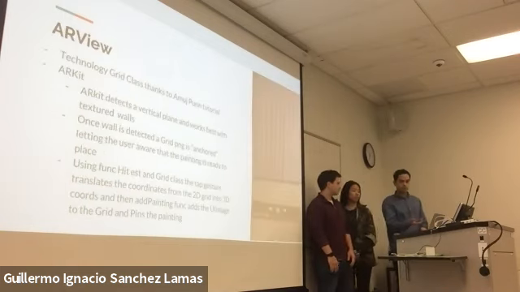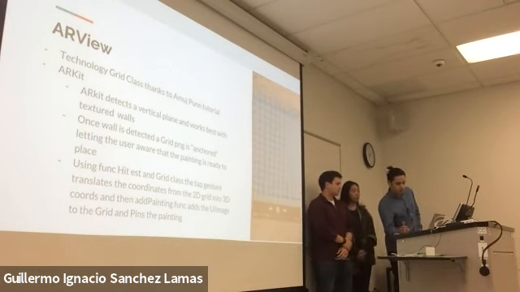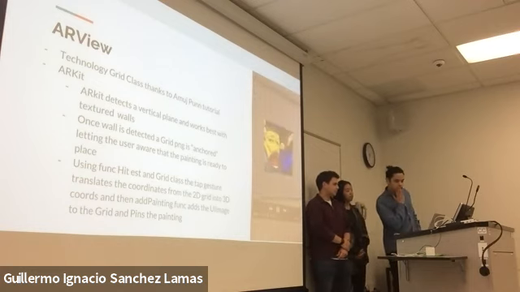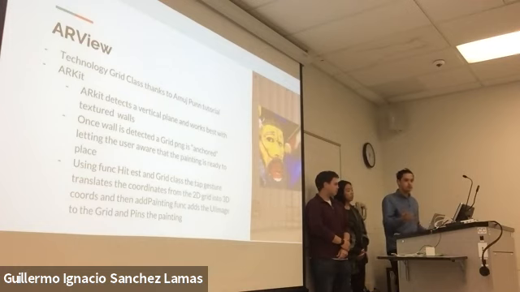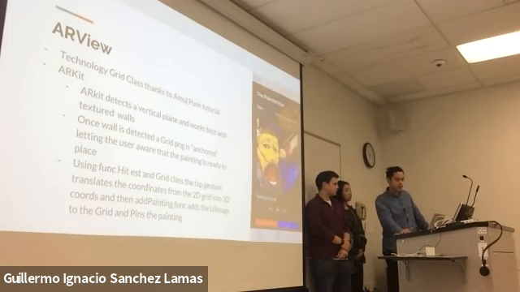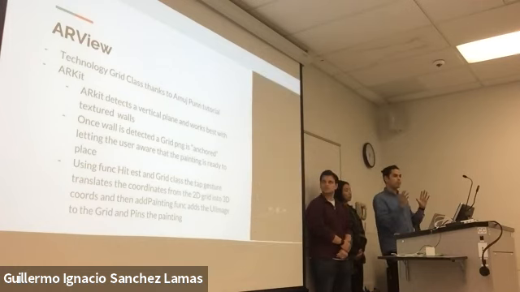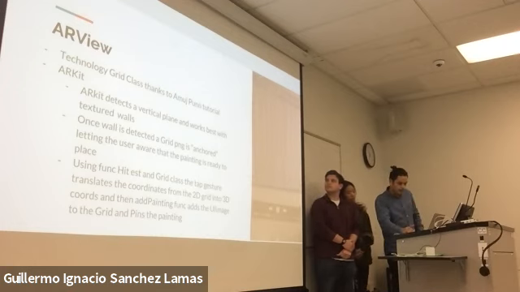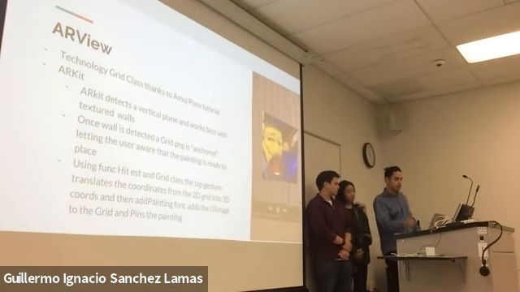And I'm going to talk about the AR view. For the technology we use, I looked up an ARKit tutorial. Apple has their own ARKit, kind of like the map one. And thanks to Amoj Pon, who created the grid class.